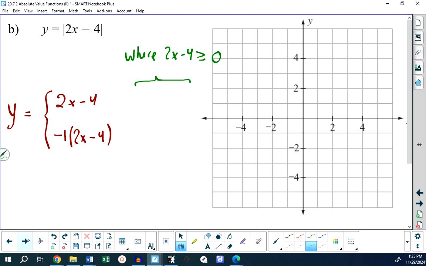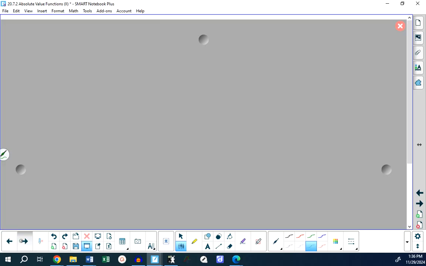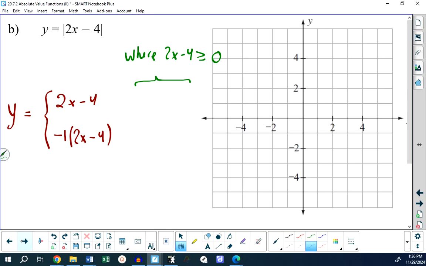Sukman, do you understand that your question is identical to asking where does the equal go? Does it go on this inequality or this inequality? And it always goes on the top one. Do you catch my drift? Okay. So if 2x minus 4 is greater than or equal to 0, you don't need the absolute value signs.